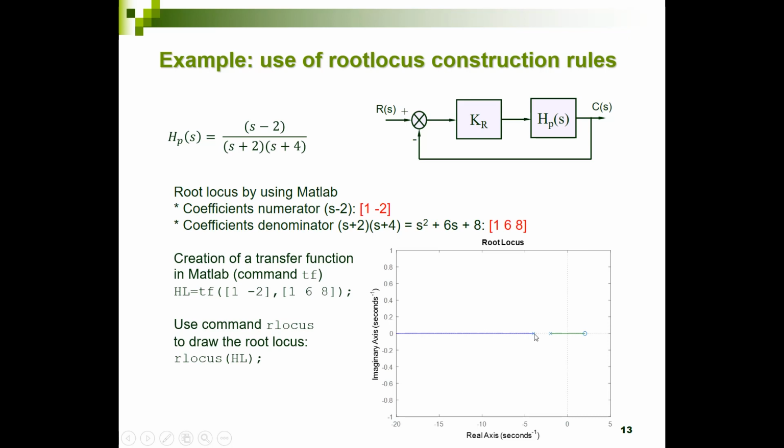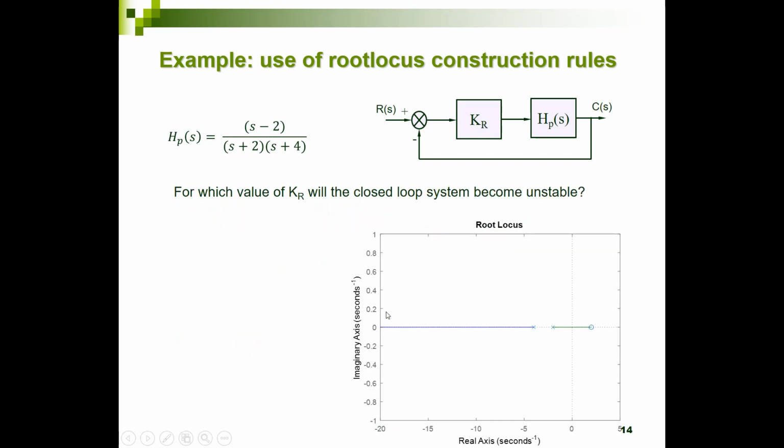We have the pole locations over here, and we have the 0 over here, and we see that these are the root locus branches. Now we can also calculate for which value of Kr the closed loop system will become unstable, because what we see is that one pole moves to the left half plane, so this pole will never lead to instability, but this pole will cross the imaginary axis over here.